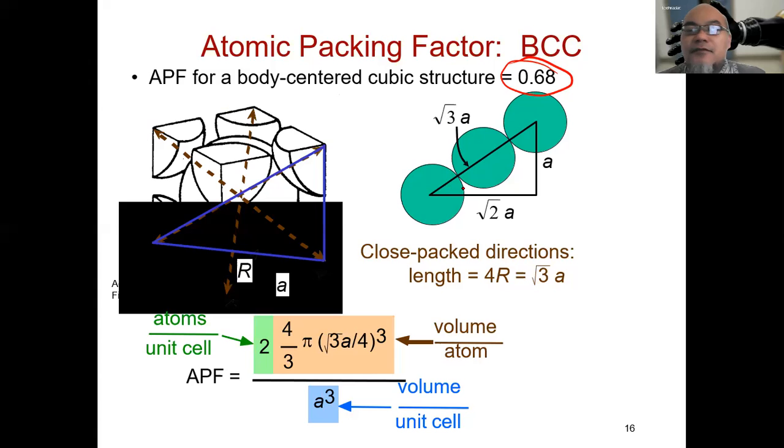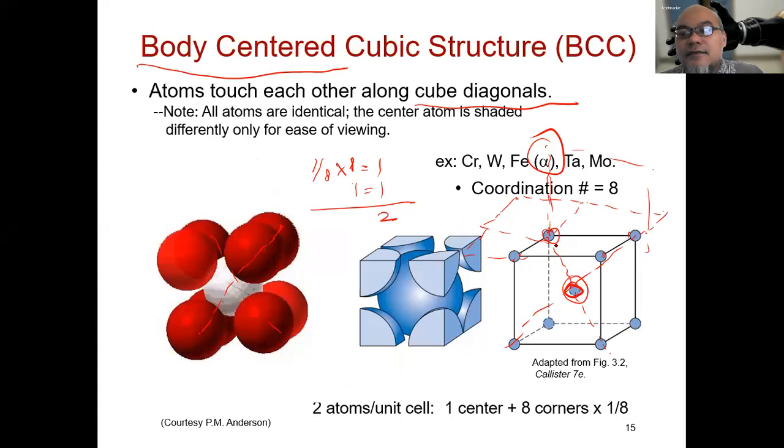And from the cube geometry, we can derive this. This is the side diagonal, right? This is the lattice side, A. And this is the side diagonal. This is A square root of 2, right?